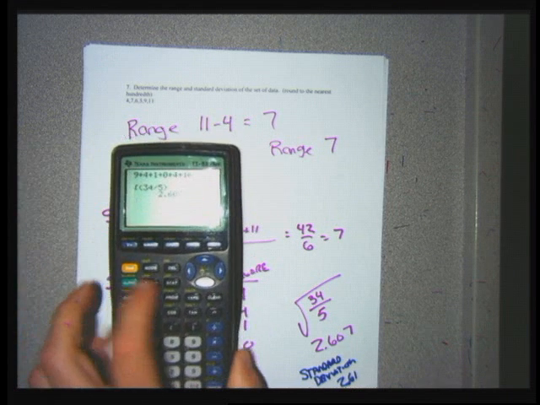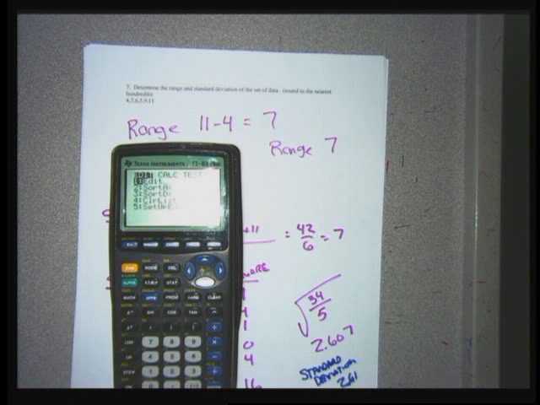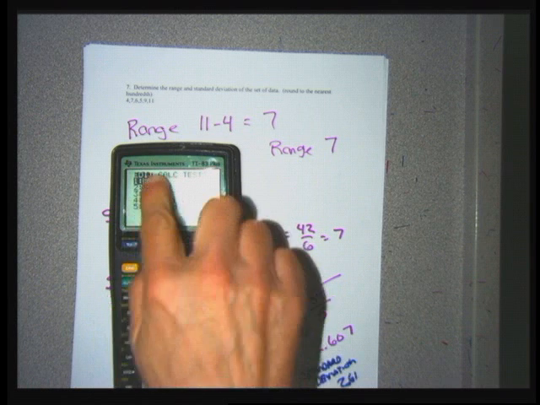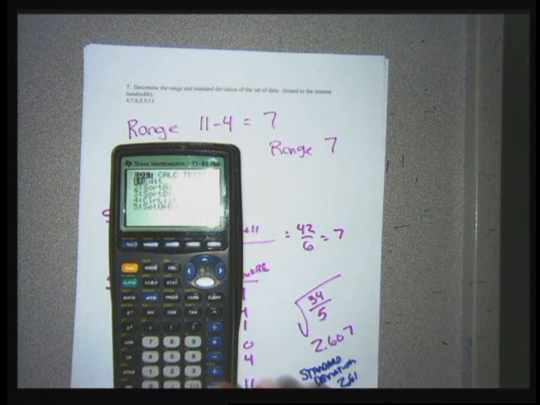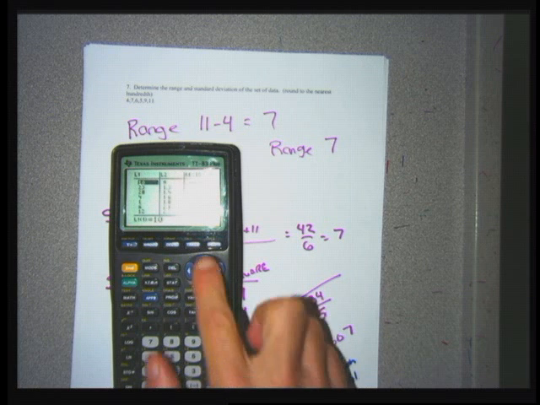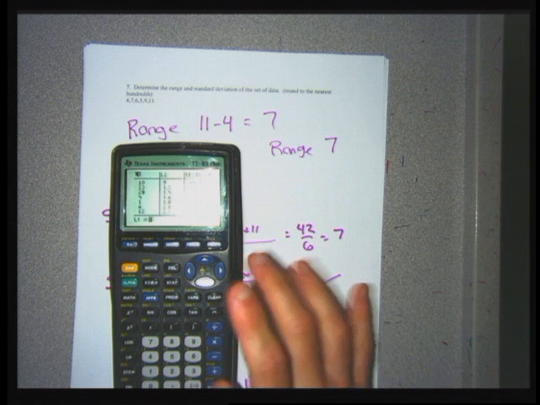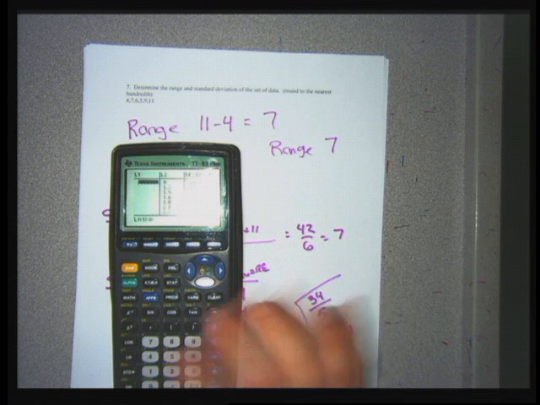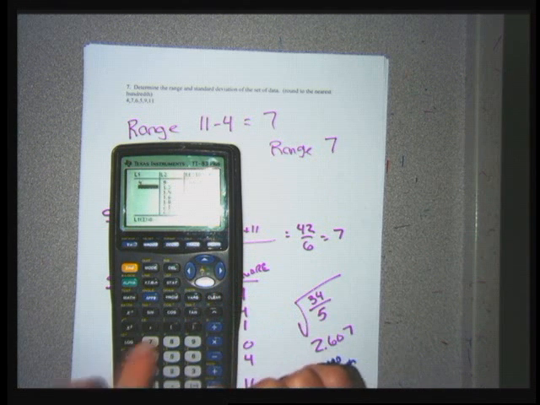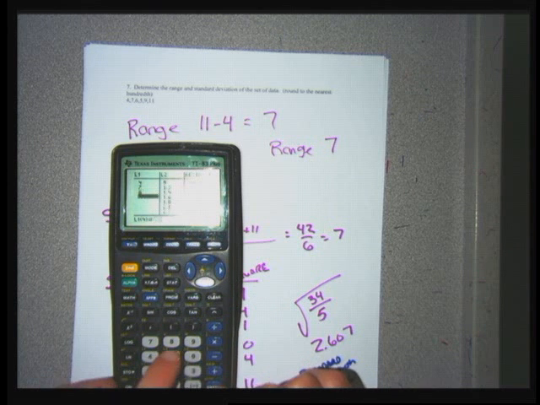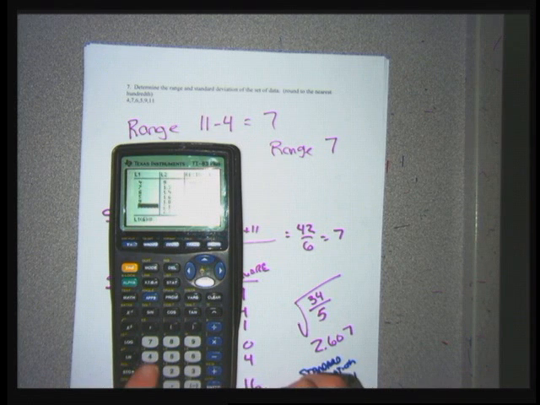To get it on my calculator, you'd hit the Stat button, make sure the Edit and 1 is highlighted, and hit Enter. Arrow up to the top of list 1, hit your Clear button, and hit Enter to clear the list. Now type the list in any order, so 4, 7, 6, 5, 9, and 11.